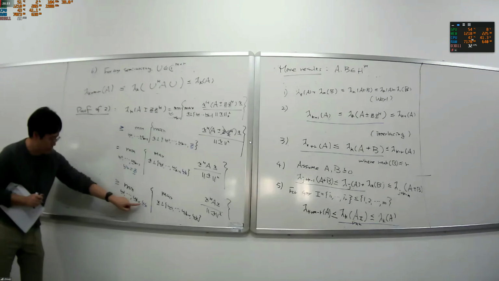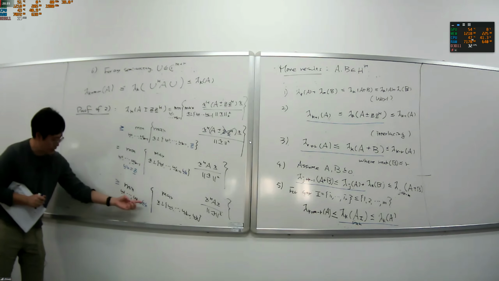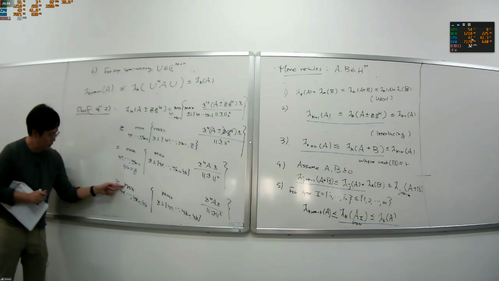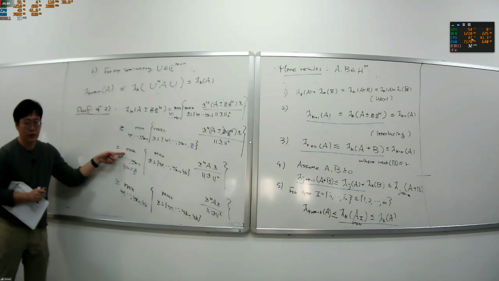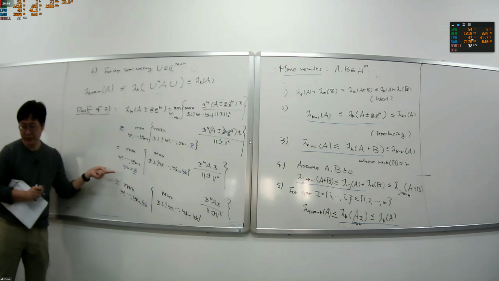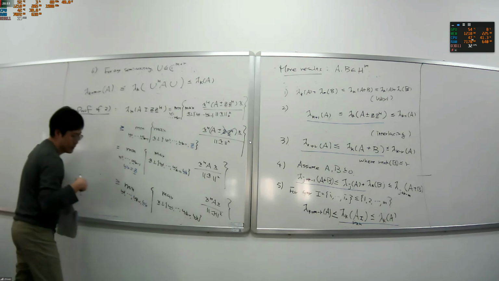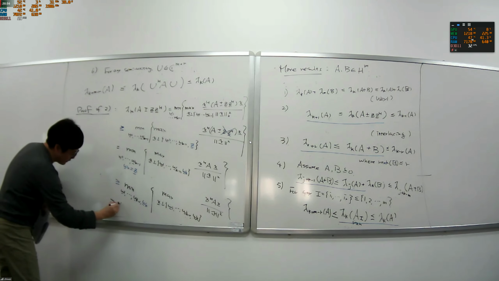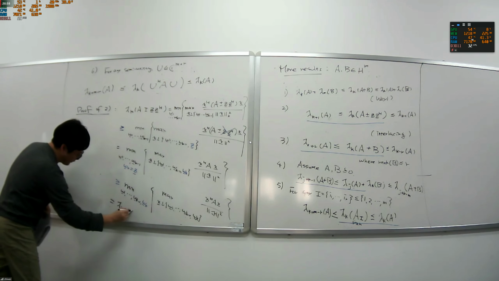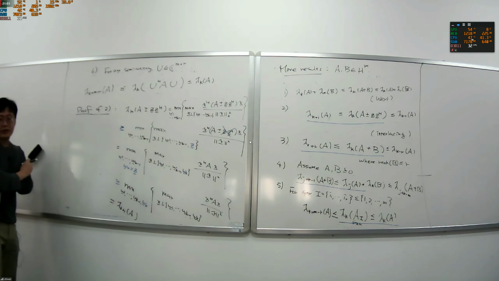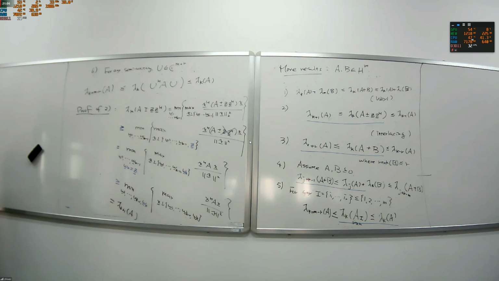Because I drop this constraint, it now becomes unconstrained. You see that? Then what is this? This is lambda k minus 1, so lambda k plus 1. Okay, you see.